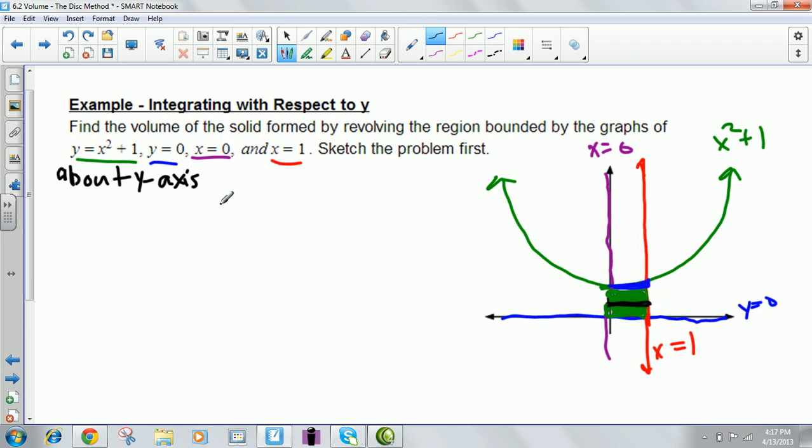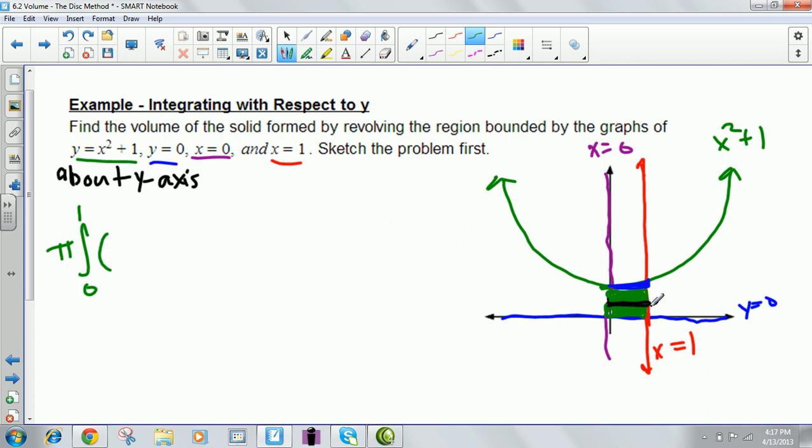Now, let's set up the first one. In order to figure out what your limits are, in this case, it's just 0 to 1, because it's from here to that point there. And remember, it's going to be pi times R squared minus r squared.